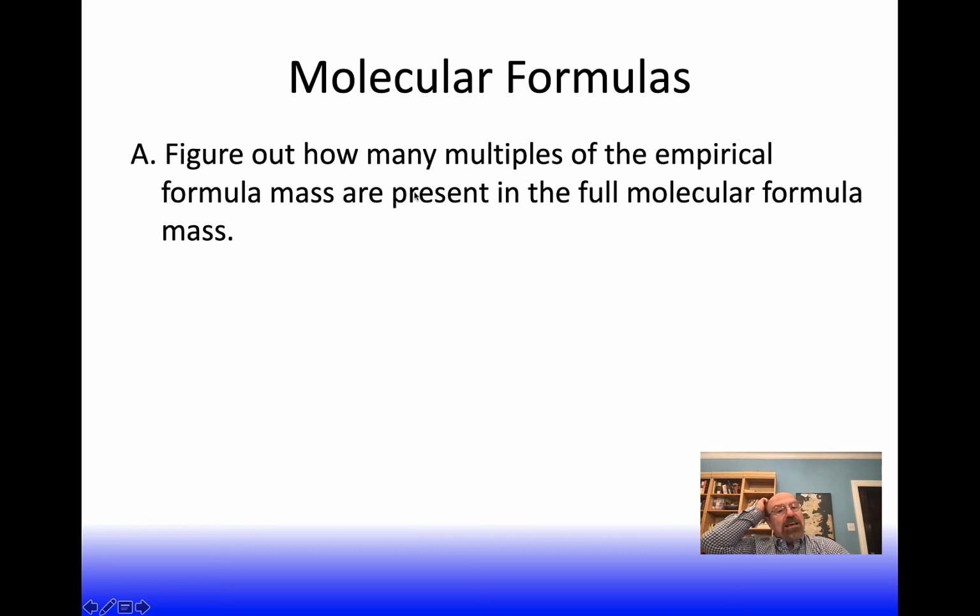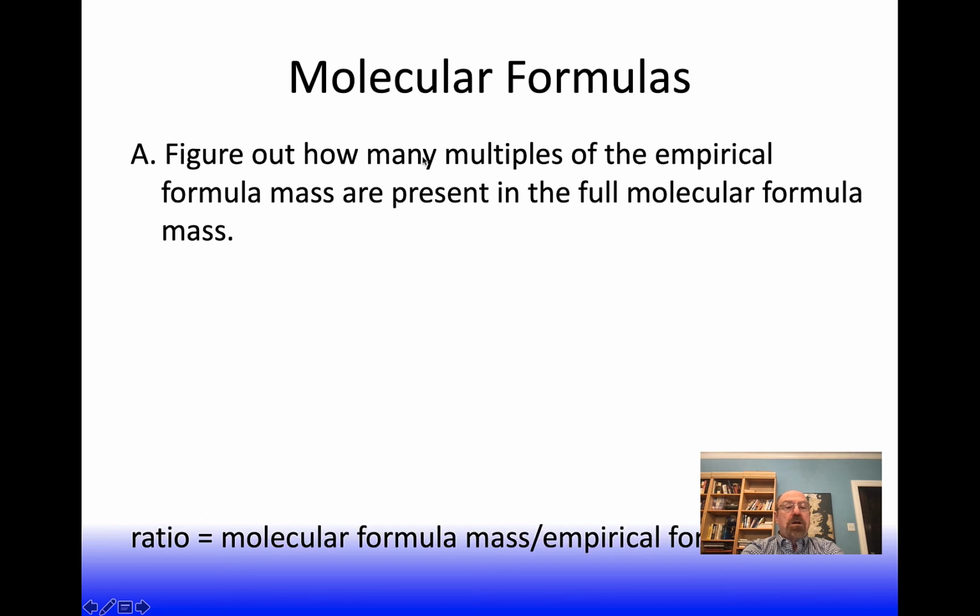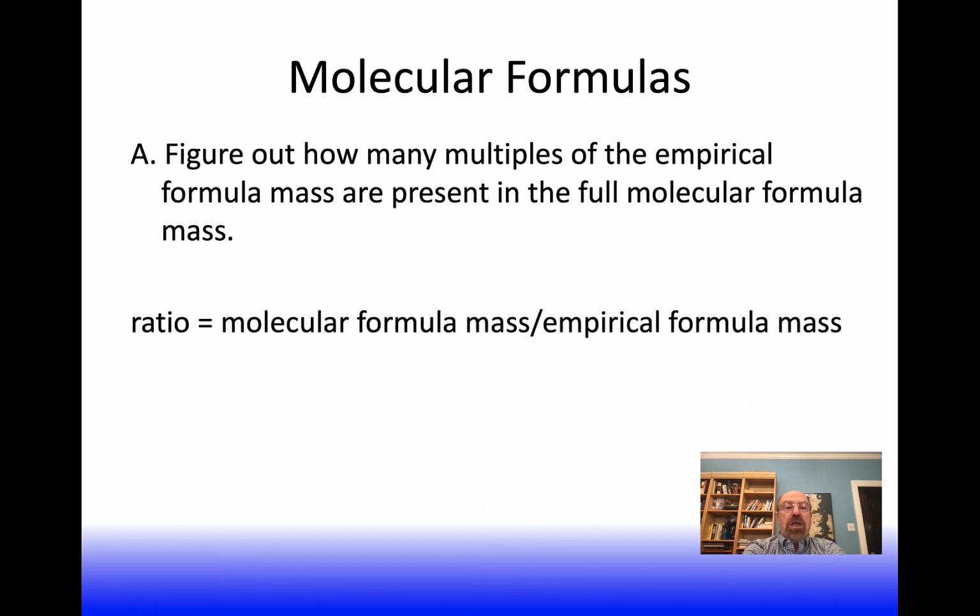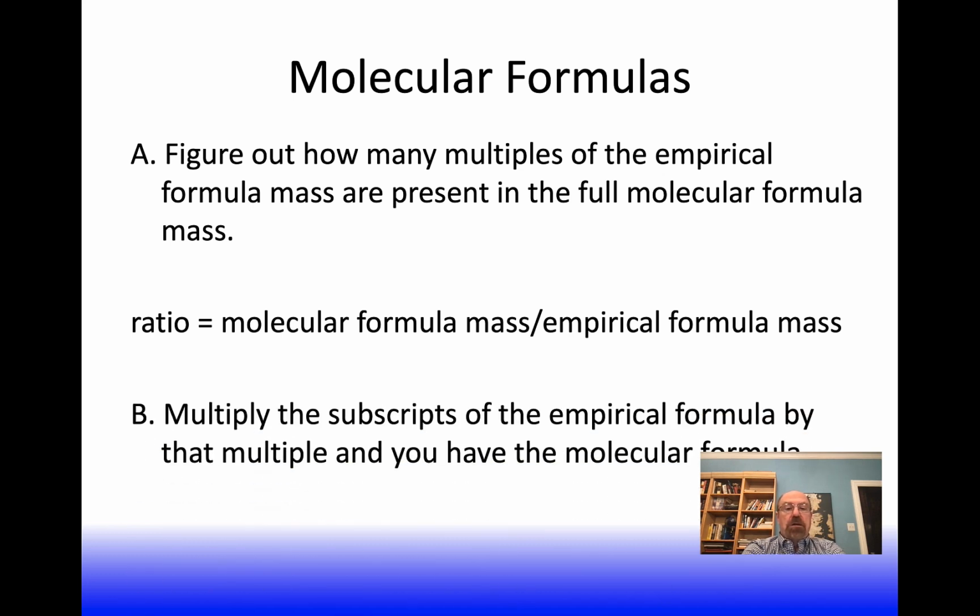And we divide it by the empirical formula mass. So what we're looking for is a ratio: the molecular formula mass divided by the empirical formula mass. If we multiply the subscripts of the empirical formula by that multiple, you will have the molecular formula.